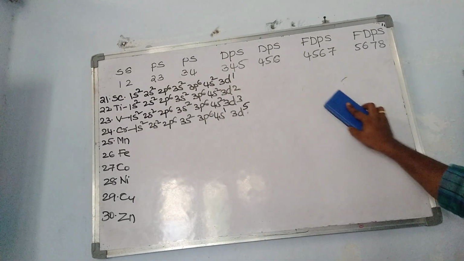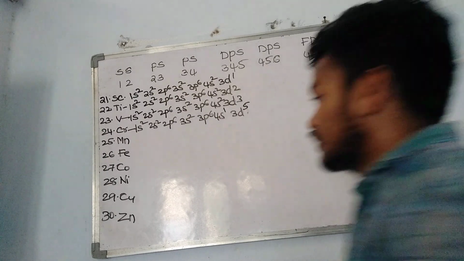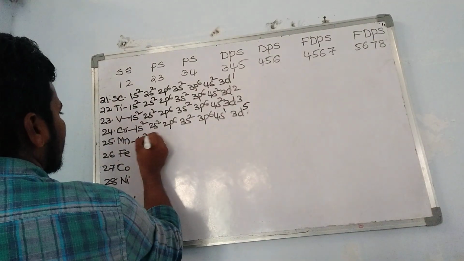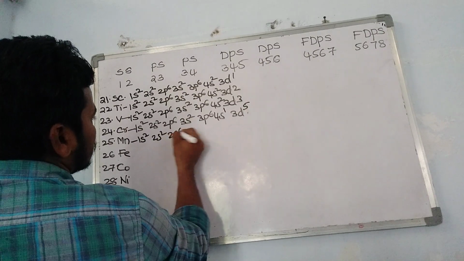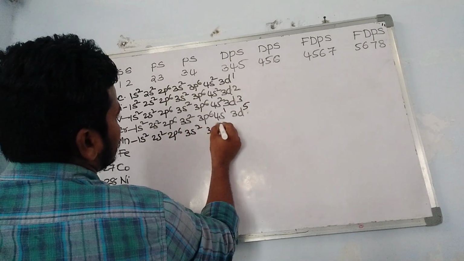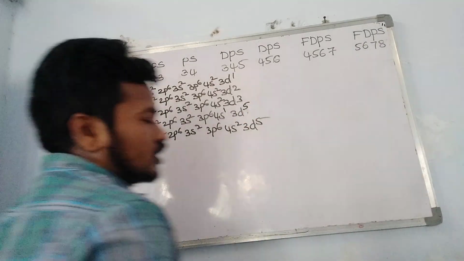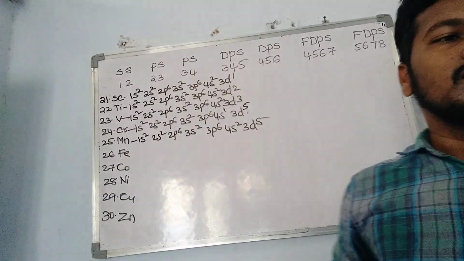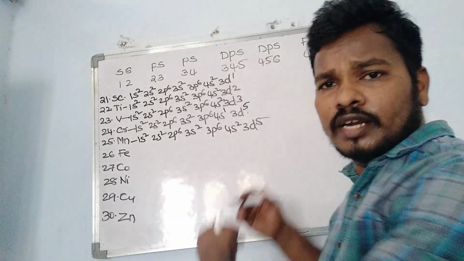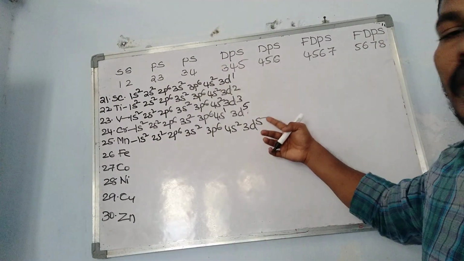Next, manganese: 1s2, 2s2, 2p6, 3s2, 3p6, 4s2, 3d5. After manganese, just add one electron in the d orbital.